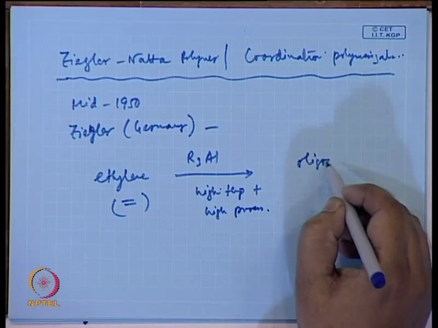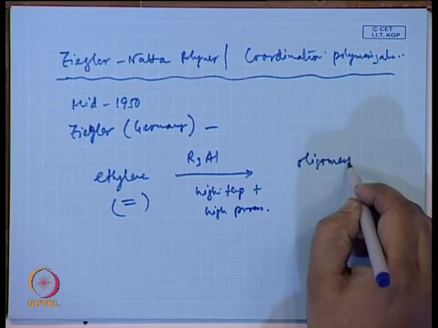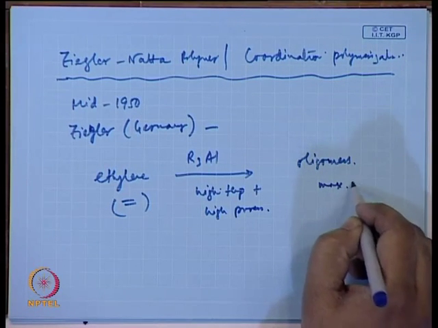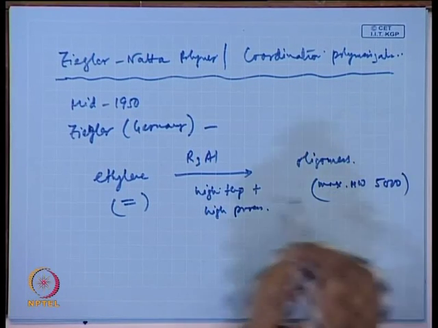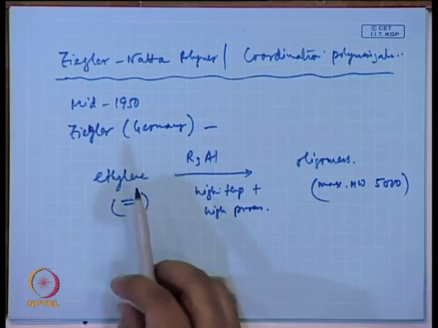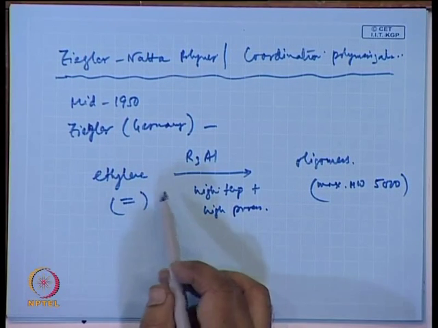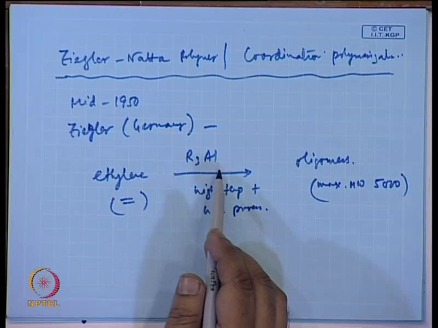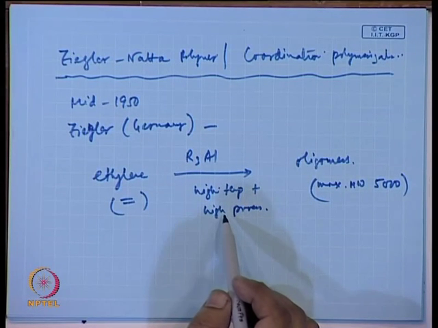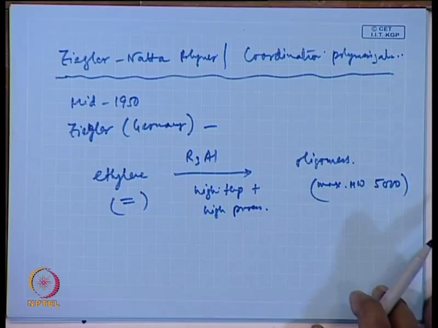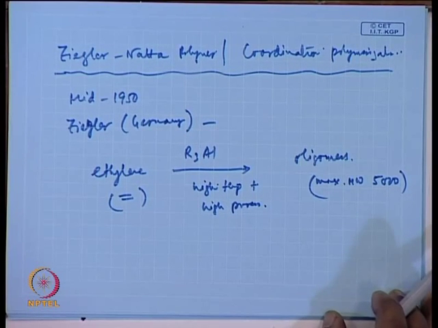So, oligoethylenes, with a maximum molecular weight of around 5000. So, he was carrying out a polymerization reaction of ethylene in presence of trialkyl aluminum, and at high temperature and high pressure he only got an oligomeric species, not a polymeric species.